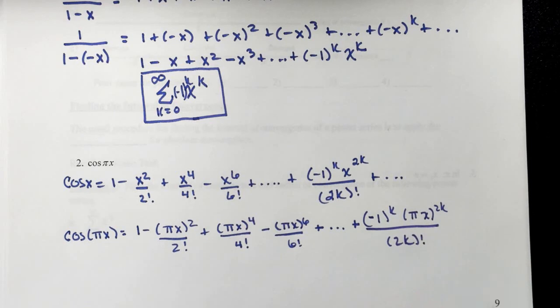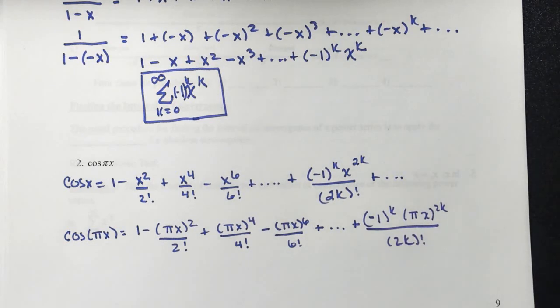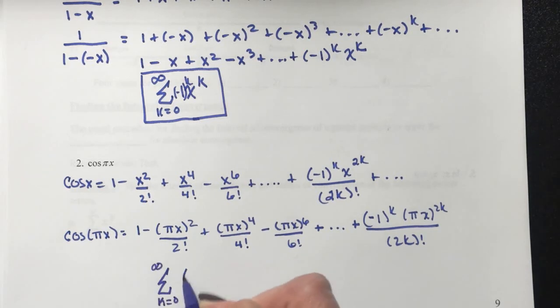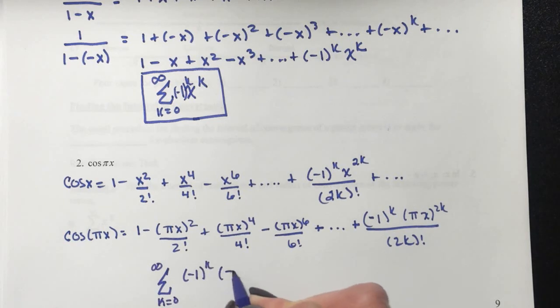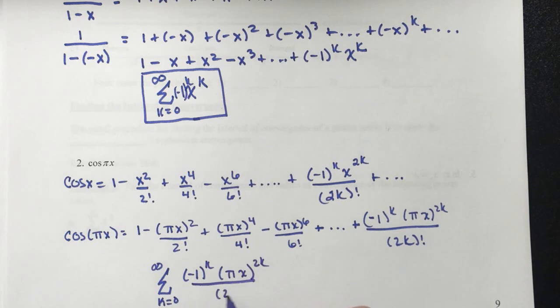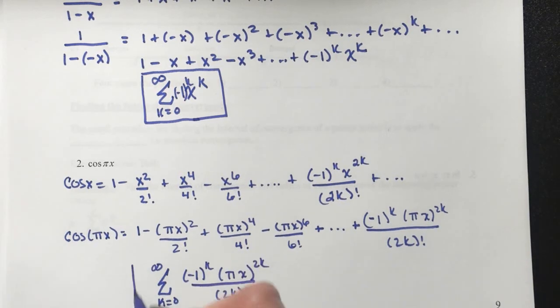Again, this substitution only works if you're dealing with a Maclaurin series. If it's a Taylor, you've got to go back and generate it the long way. So then in my sigma notation, I'm going to have k equals 0 to infinity, negative 1 to the k, pi x raised to the 2k, all over 2k factorial.